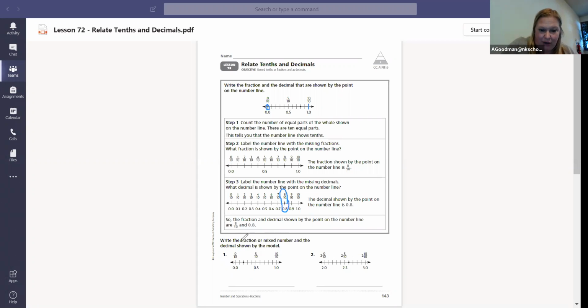So here we go. Write the fraction or mixed number and the decimal shown by the model. And here's our point on this line. Again, we are in tenths, 0 and 1. If we were to count by tenths, 0 tenths is here, so 1 tenth, 2 tenths.